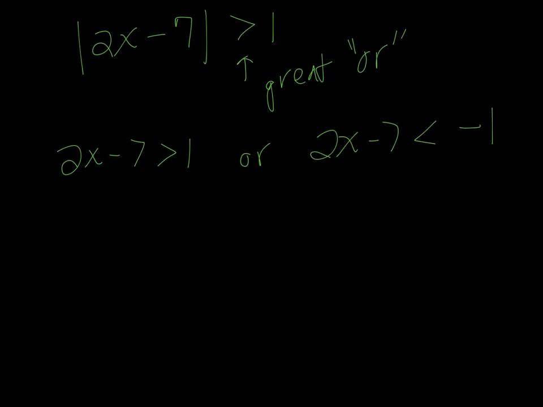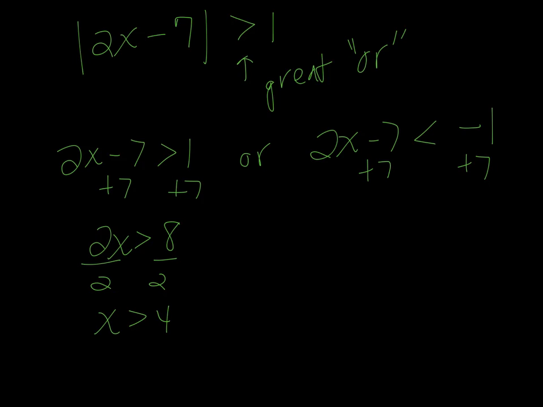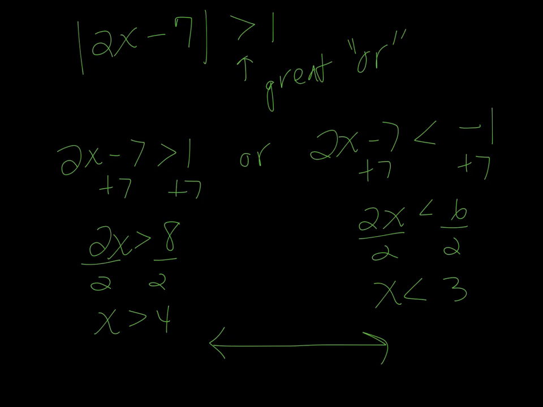From there, I want to solve each individually by adding 7 to both sides and then dividing by 2, giving me x is greater than 4, and then adding 7 and dividing by 2, giving me x is less than 3. So my solutions are numbers smaller than 3 or greater than 4.